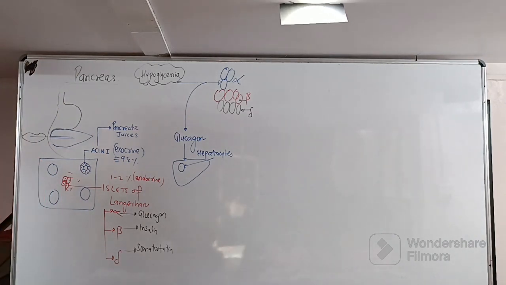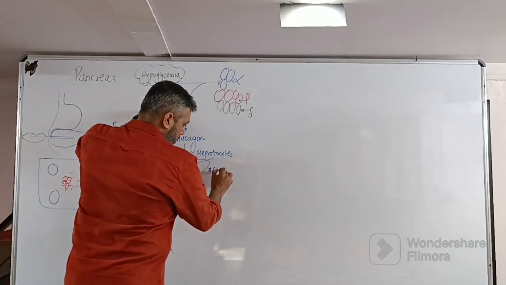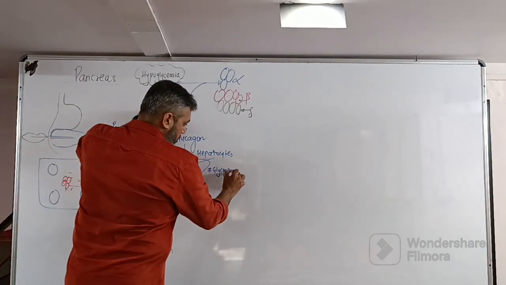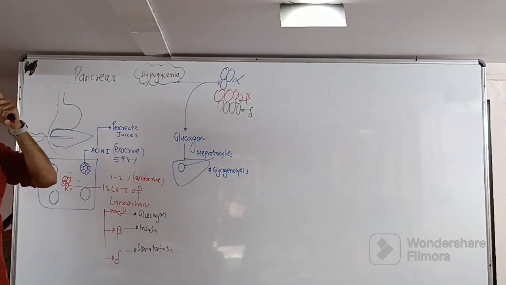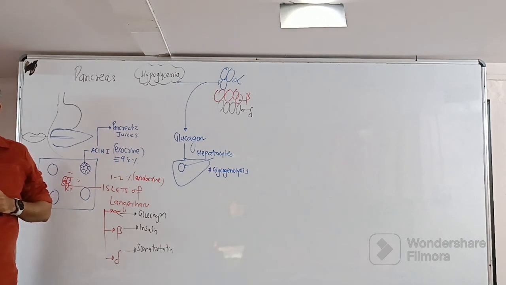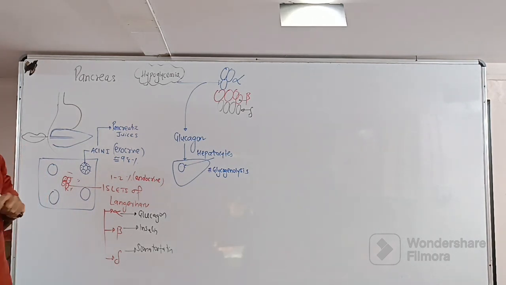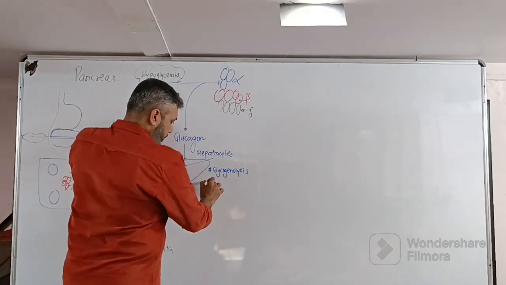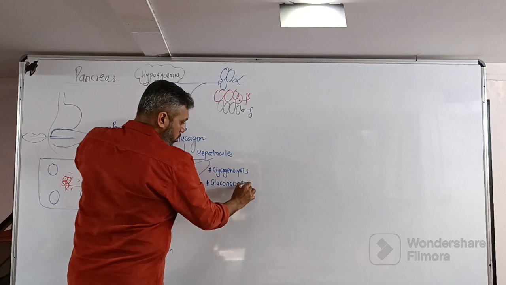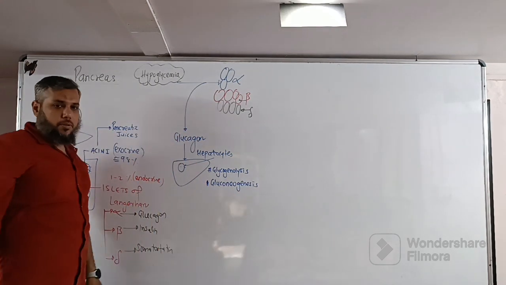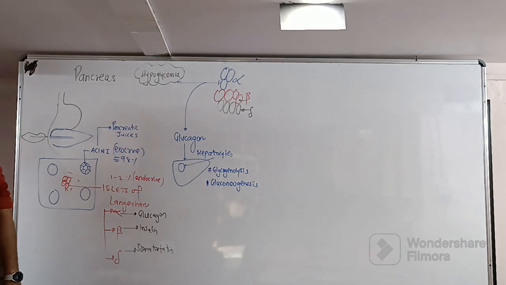Now what will these liver cells do? They will do glycogenolysis, that is, breakdown of glycogen into glucose. What is the other thing they'll do? Gluconeogenesis, meaning formation of new glucose.